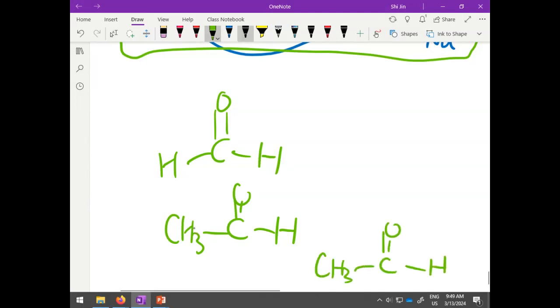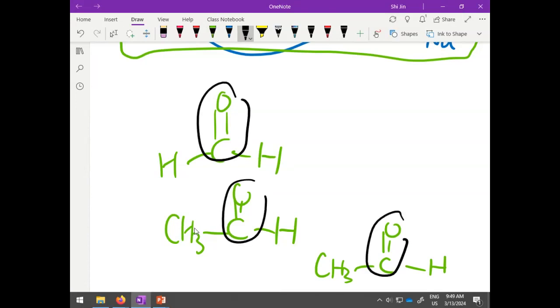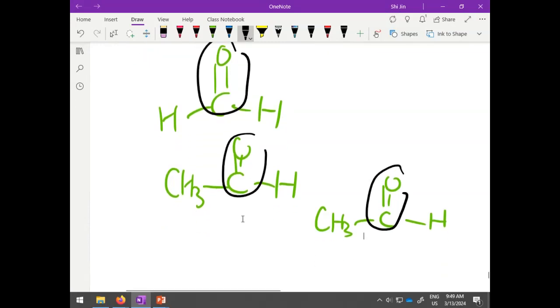We isolate the carbonyl group, those 3 carbonyls, and say relatively speaking, we treat this one's potential energy as 0 kilojoule per mole.